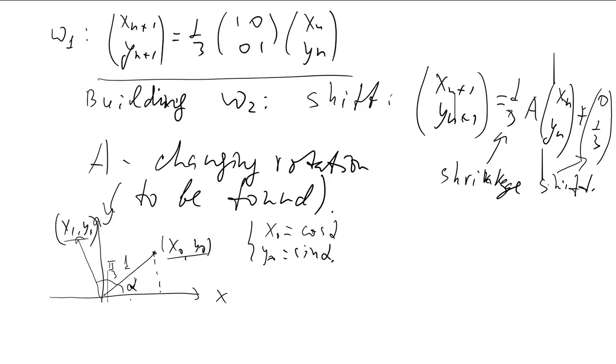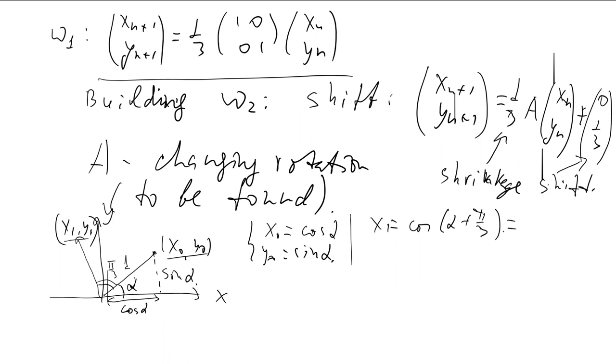And if we check now x1 and y1, x1 will be cosine of this whole angle, which is alpha plus pi/3.